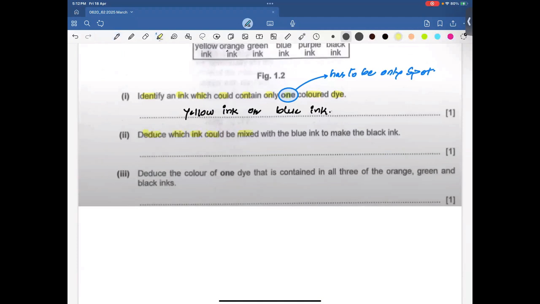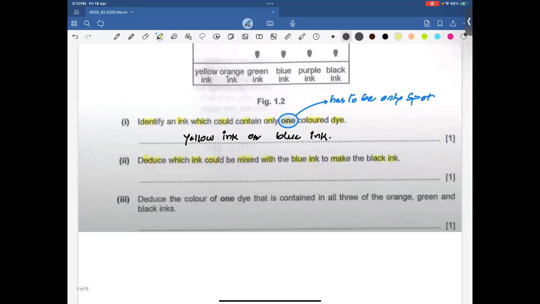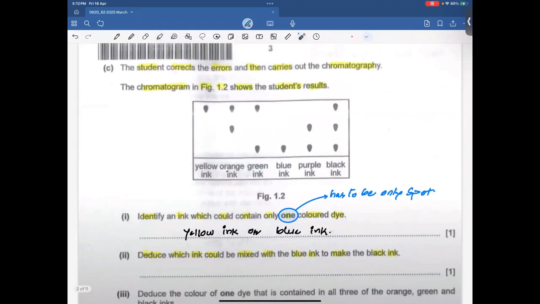Deduce which ink could be mixed with the blue ink to make the black ink. So black ink बनाना चाहते हैं हम, उसको बनाने के लिए पर्पल भी है, ब्लू भी है, ग्रीन भी है. ब्लैक इंक बनाना चाहते हैं, पर्पल भी है, ऑरेंज भी है. ब्लैक इंक बनाना चाहते हैं, उसमें ग्रीन भी है, ऑरेंज भी है, येलो भी है. सो आई बिलीव ब्लू के साथ अगर आप ऑरेंज मिक्स कर दें so it will give you a black color प्रॉपर. ठीक है, बाकी कोई और ब्लैक कलर नहीं देता.